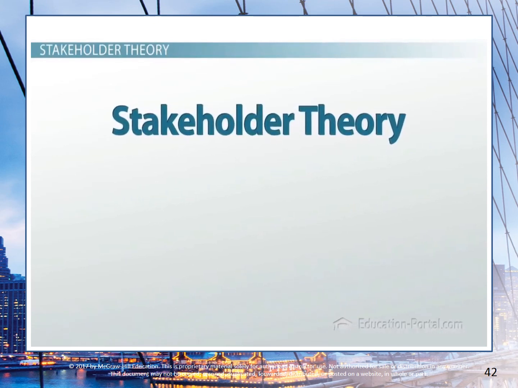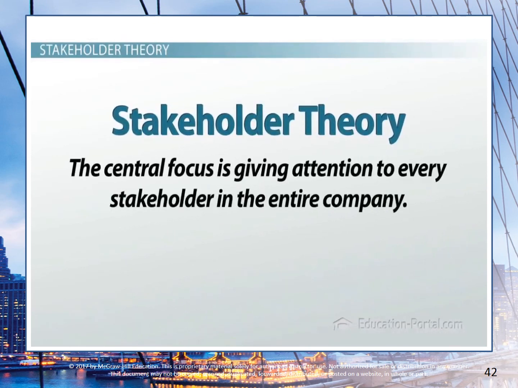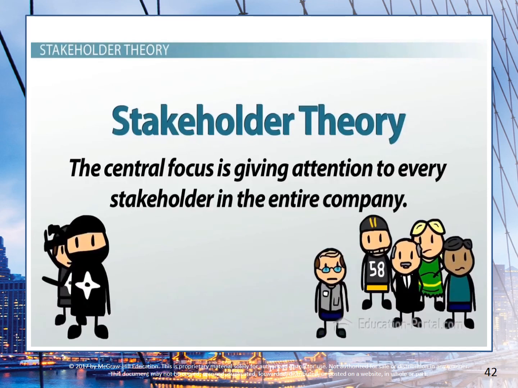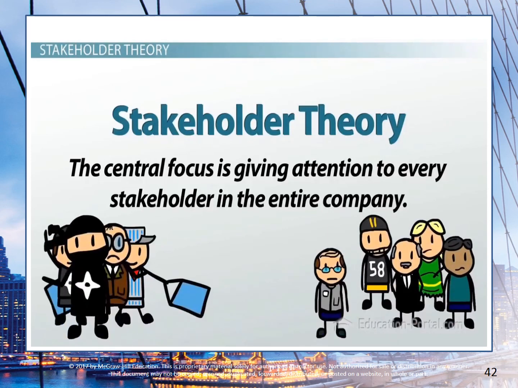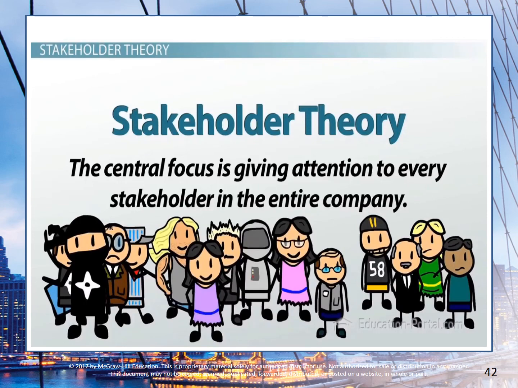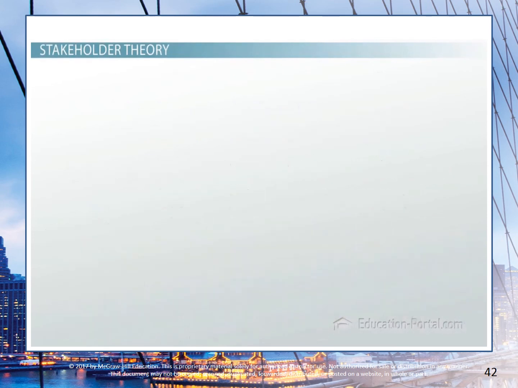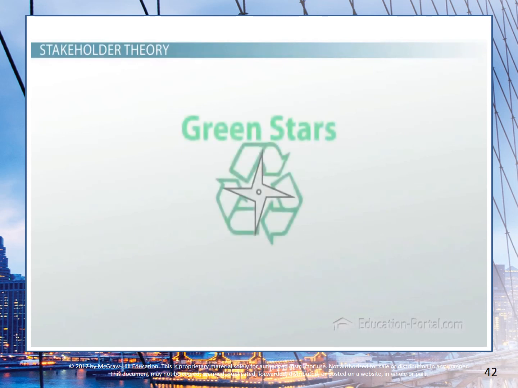This theory's central focus is that social responsibility is really giving attention to every stakeholder in the entire company, whether it be the employees, customers, owners, suppliers, management, or the community. The following is how each stakeholder would view social responsibility from their company. It is a more widespread approach and far-reaching.